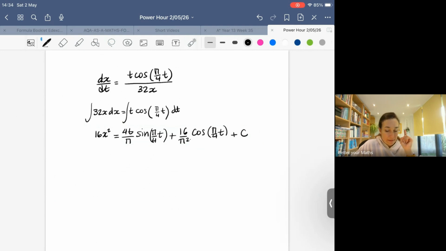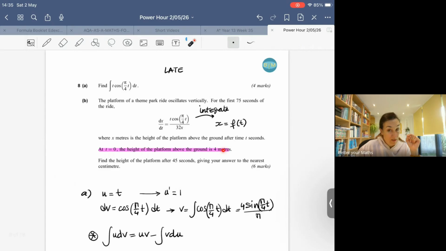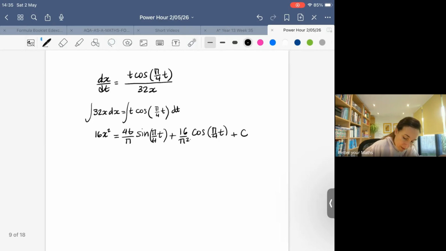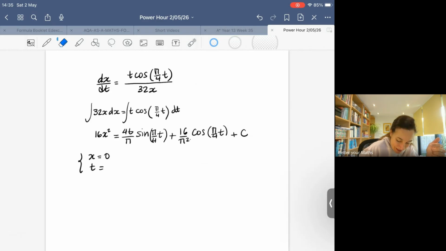They are giving you numerical information to find the constant of integration. So this thing is not random, it is to find the constant of integration. We know that when t is 0, x is 4. So I'm going to substitute that here.